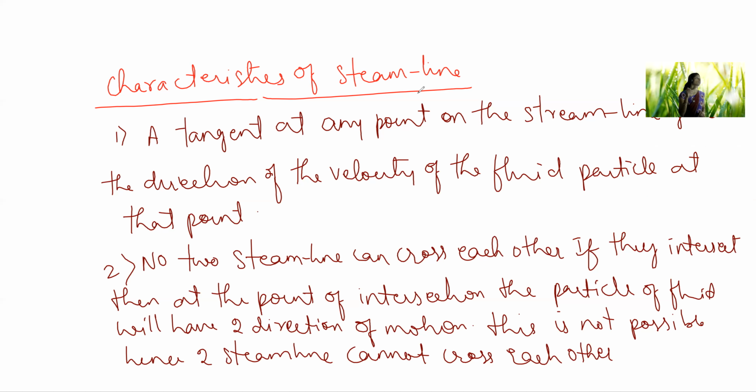Second, no two streamlines can cross each other. If they intersect, then at the point of intersection, the particle of fluid will have two directions of motion. So this is not possible. Hence, two streamlines cannot cross each other. So these are some of the characteristics of streamline flow.